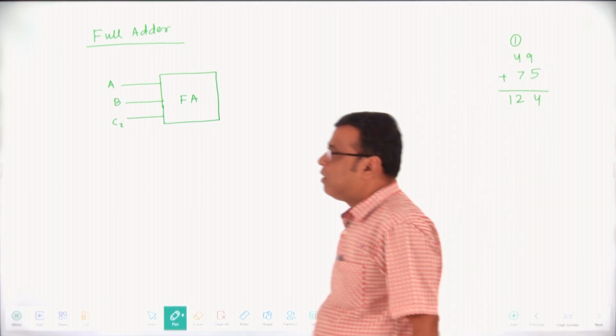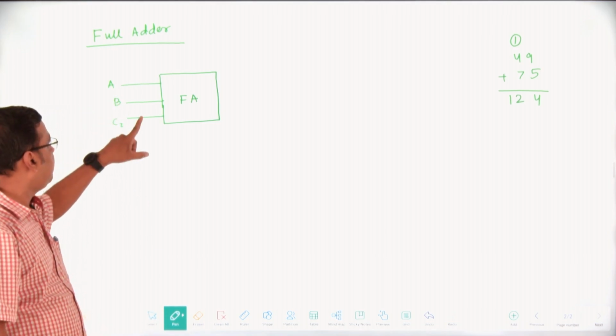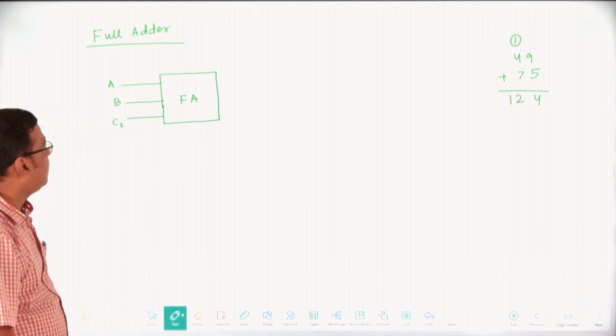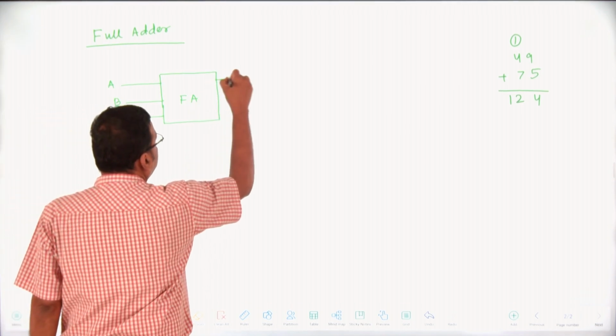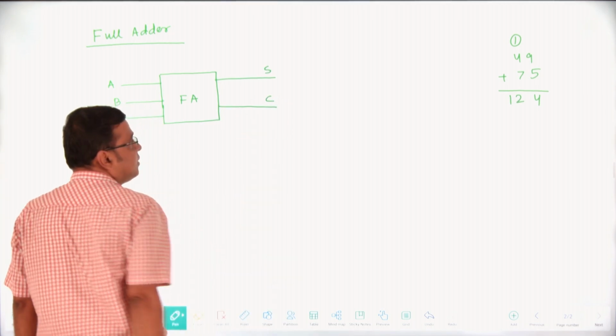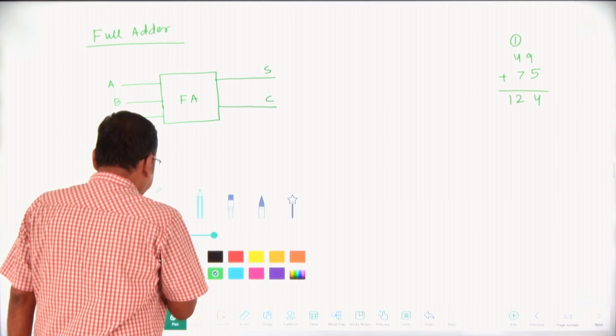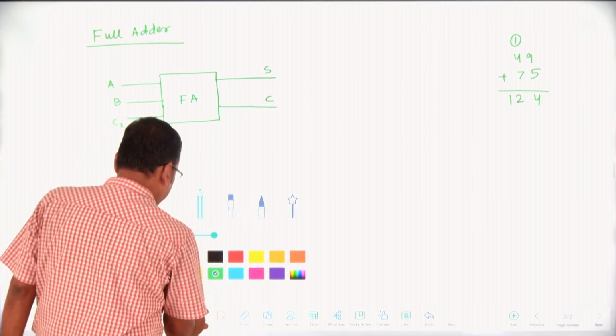Full adder considers the two significant bits A and B along with the previous carry CI. Similarly, in output also, one is your sum, another one is your carry. So we have to prepare the truth table.